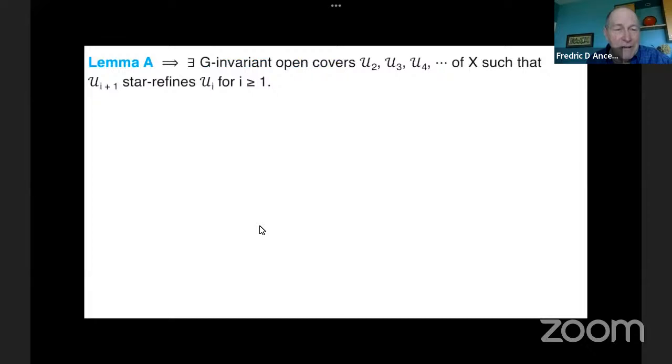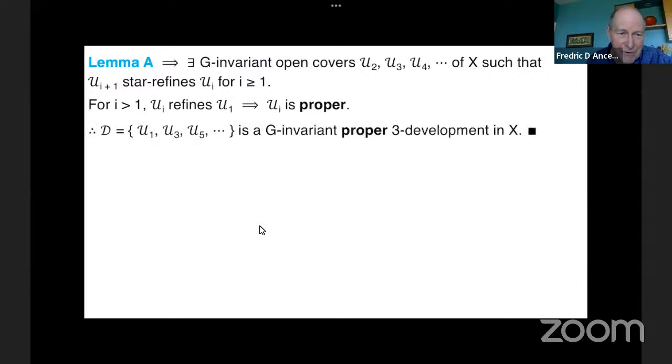And then you again use that key lemma to star refine it. And that gives you a bunch of proper open covers. And so you get a proper 3 development. And once you have that plus the non-proper developments, you use the contagion principle to create a collection of proper developments that give you the topology.